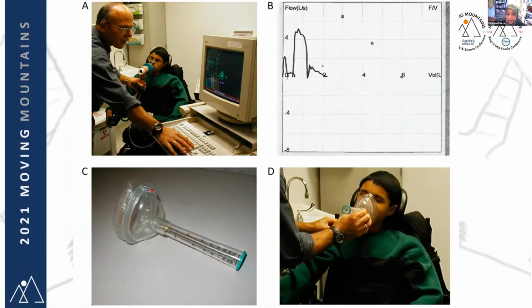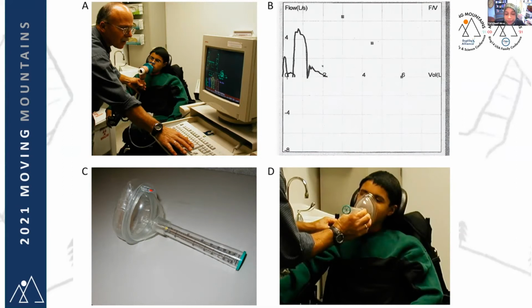It's essentially a basic peak flow meter attached to a mask, and the patient is asked to create a good, strong cough to generate a forward flow, and that gives us an objective measurement. That's the hardest thing for the parents of little kids to tell: it sounds like they're coughing fine, it seems like they're bringing up phlegm enough.